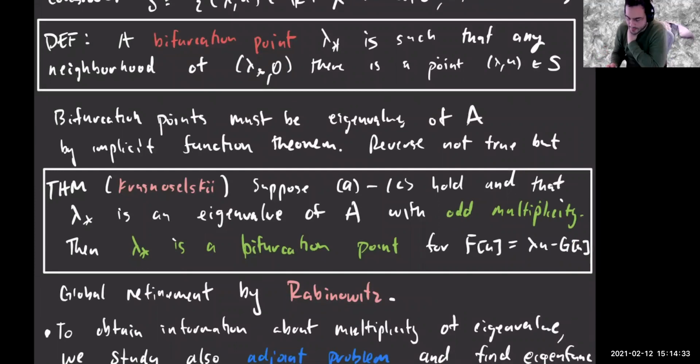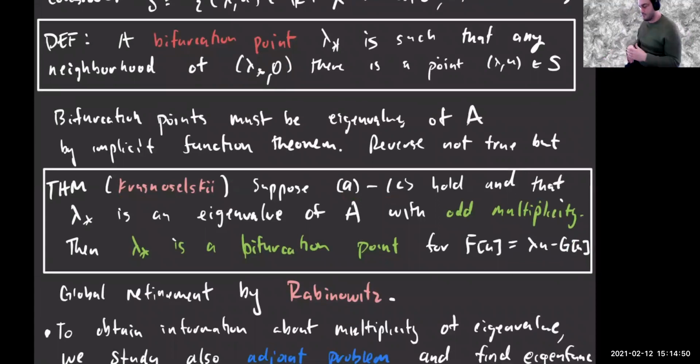So the theorem says that if those properties hold, this is Krasnoselskii's theorem, if lambda star is an eigenvalue of A with odd multiplicity, then it's a bifurcation point for this equation.